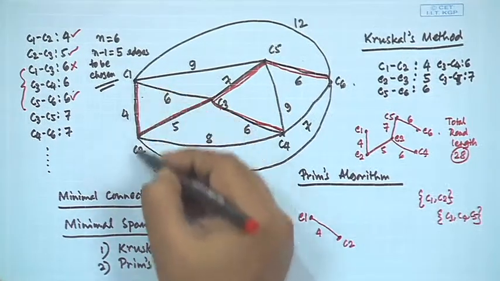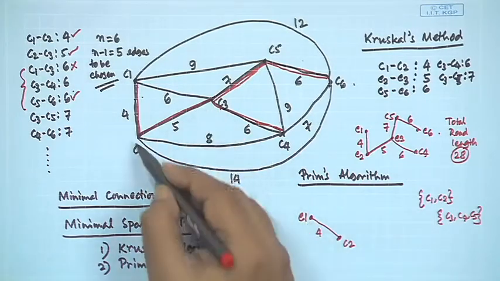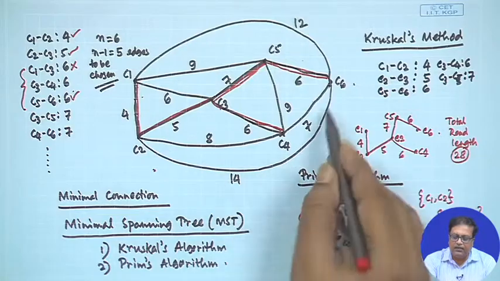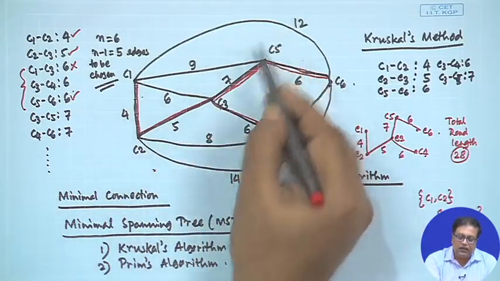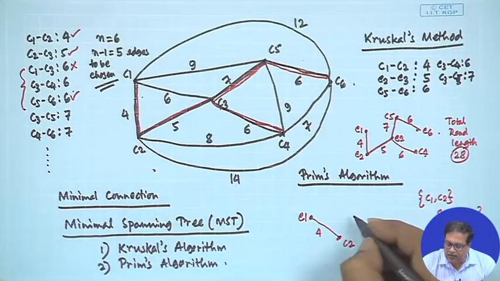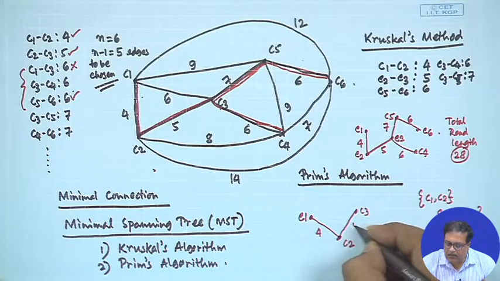If you take C1 C2, from C2 the lowest is 5, because from C2 you can go to C1, which is already taken, C3 C4 and C6, and 5 is lowest. From C1 6, 9 and 12. So ultimately the lowest is 5. So at this point we connect C3 and we get 5.